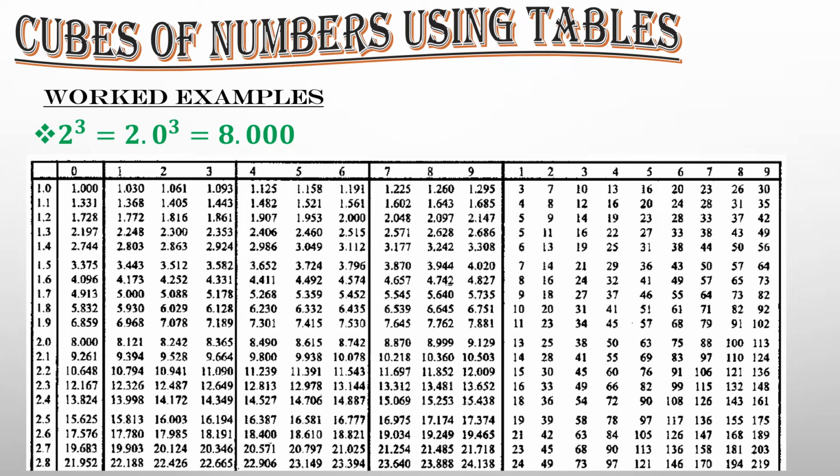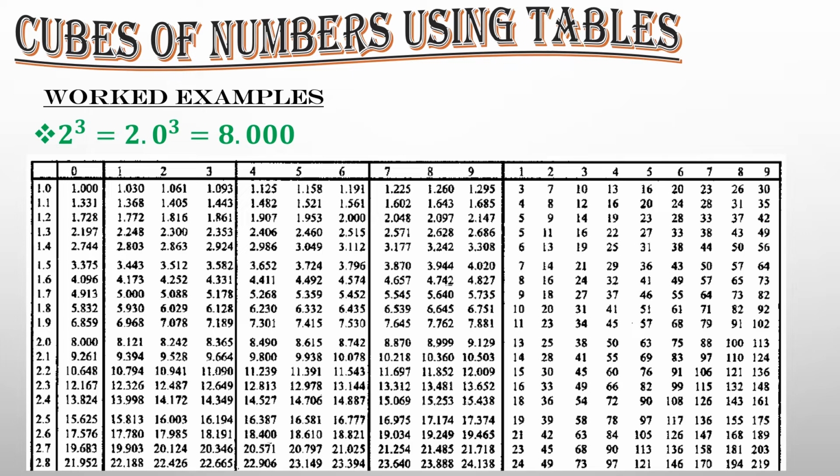Then the other part, from 1 to 9, will give you the third decimal place of a number.